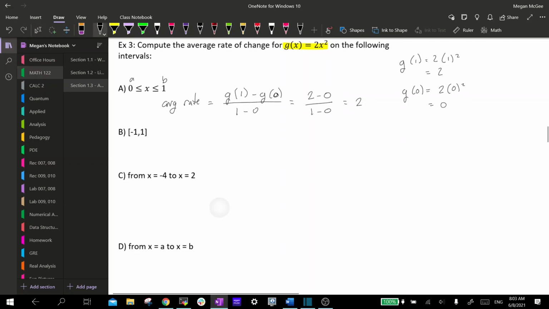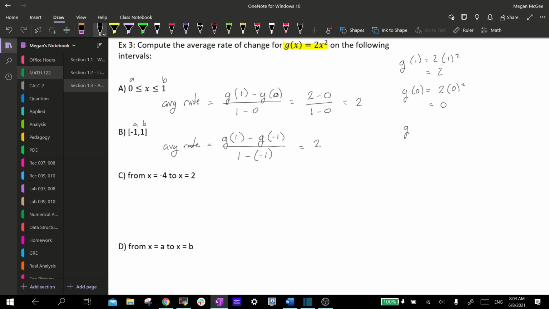Okay. So then here we have a and b. We need our average rate of change. This is g evaluated at b minus g evaluated at a over b minus a. So we've calculated g of 1 already. That's 2.